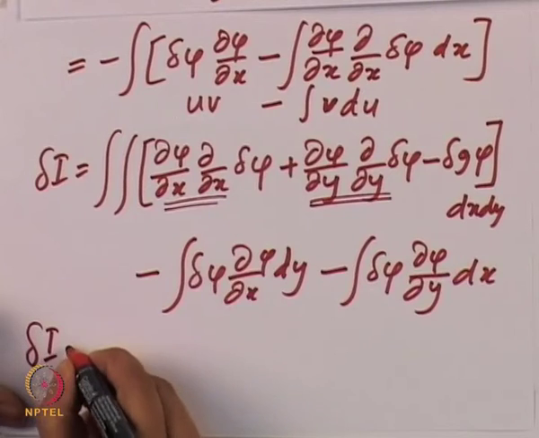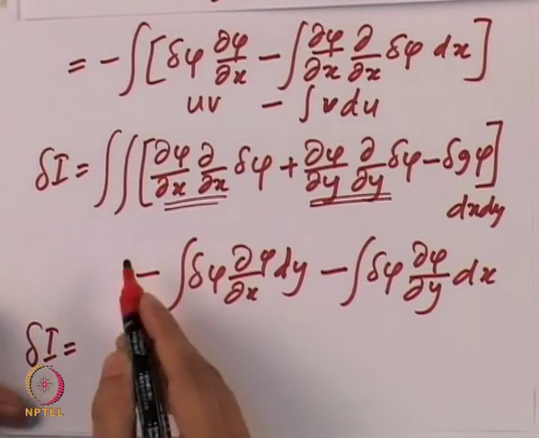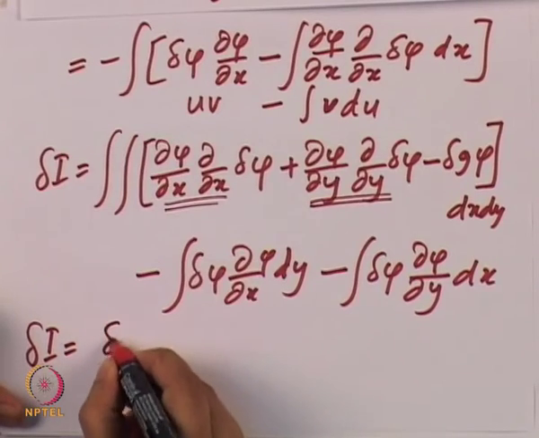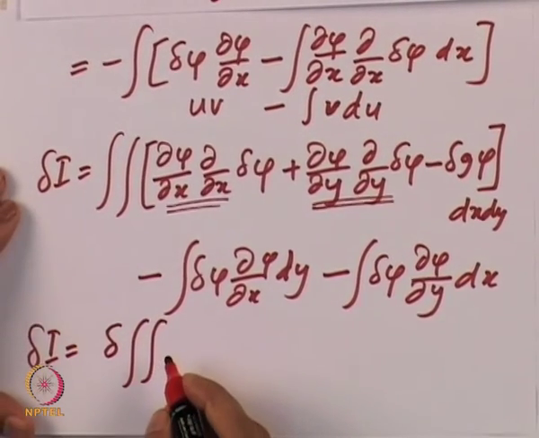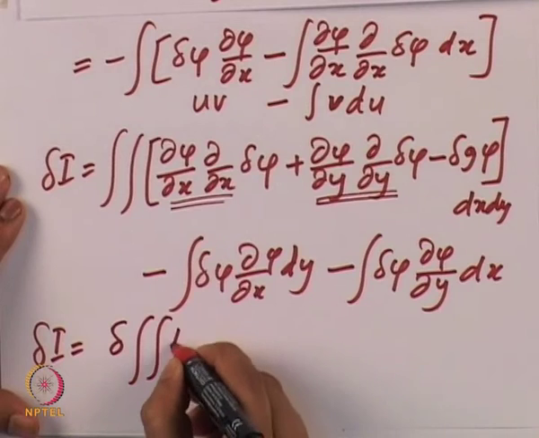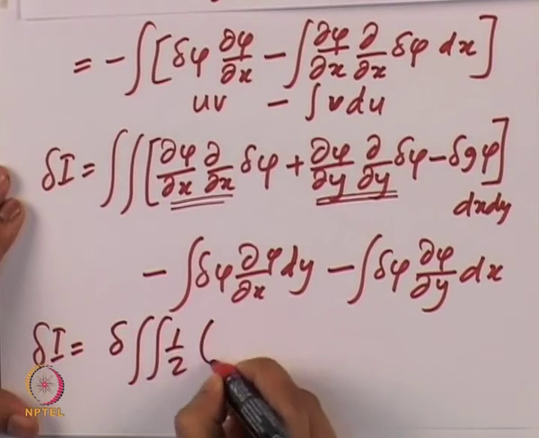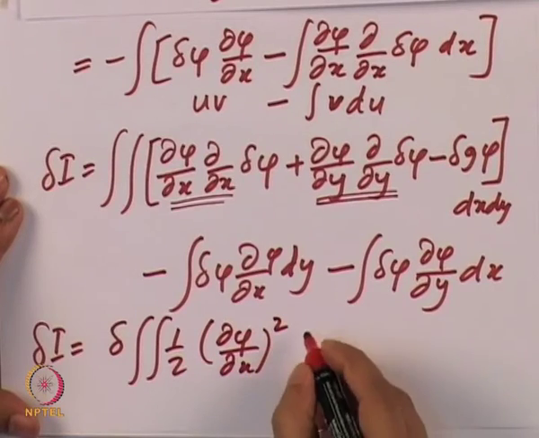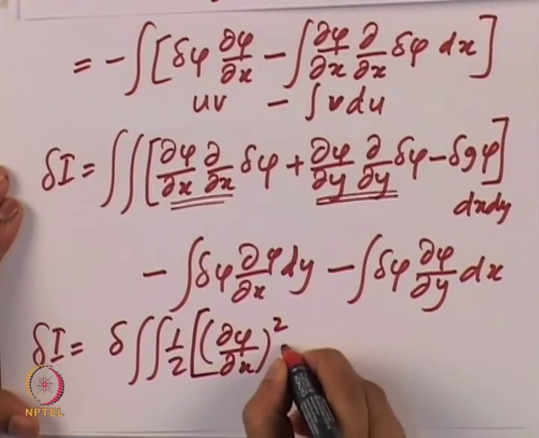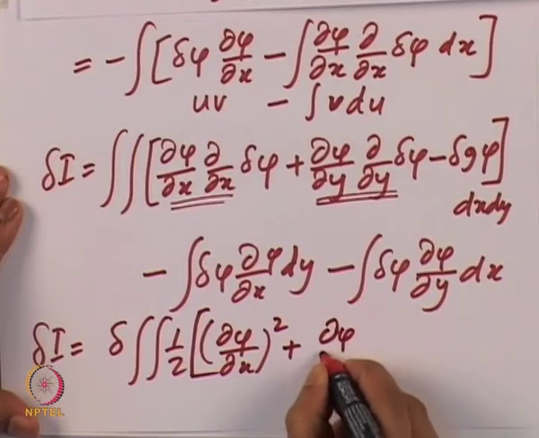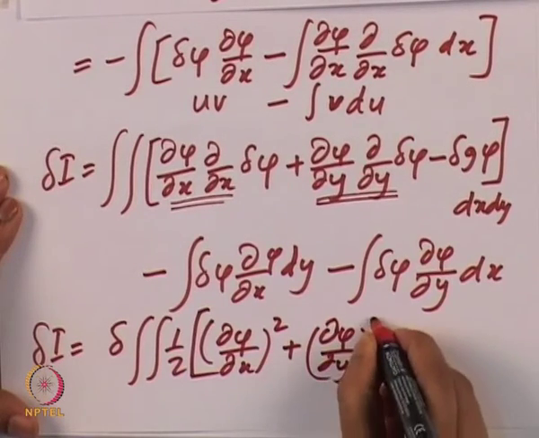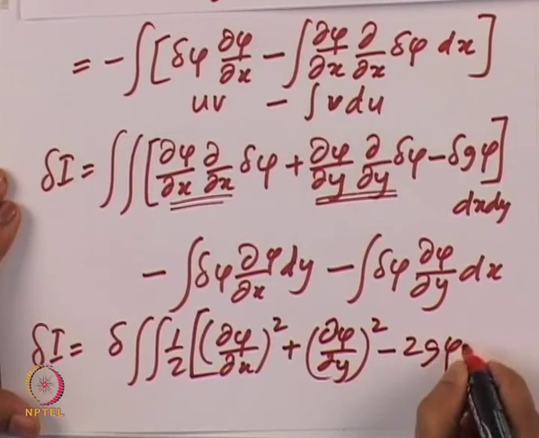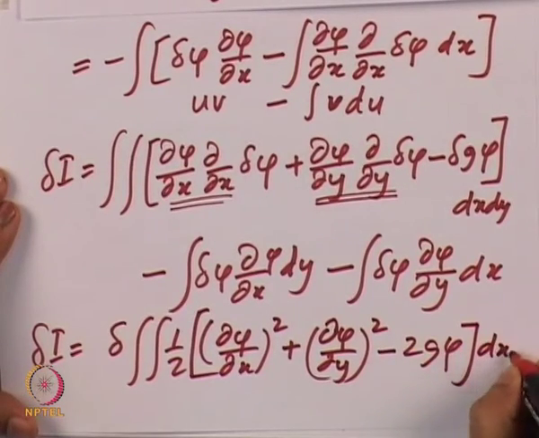So del is equal to, I will take the entire del outside, and then I will have an integration where I will have 1 by 2 of d phi by dx square plus d phi by dy square minus 2g phi dx dy.